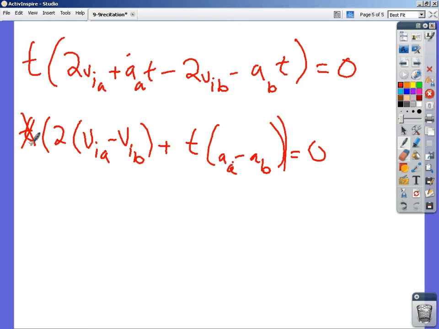I moved it to this side, so I switched the order that I subtract these in because of that. And then finally, you can plug in and get an answer for this one.